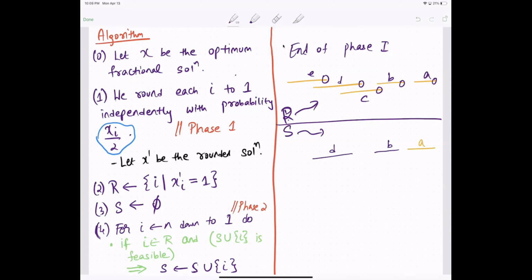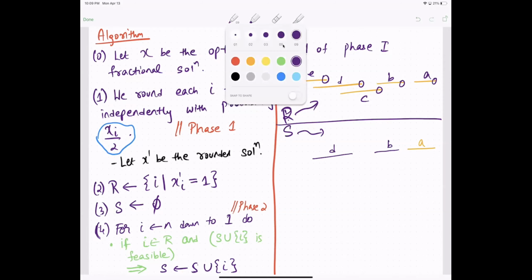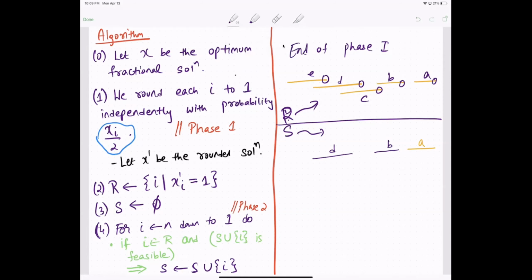So clearly this algorithm ensures that the set S that it finally reports is feasible. Clearly S is feasible, so that's not very difficult to see.